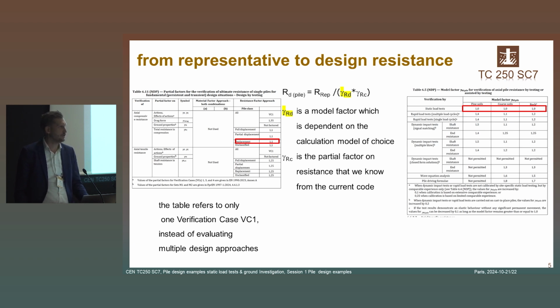As Christian already showed, and I will do it again, static load tests have a model factor of 1.0 because, well, what you see is what you get, most probably, whereas other types of load tests are subject to an evaluation to come to a bearing capacity.